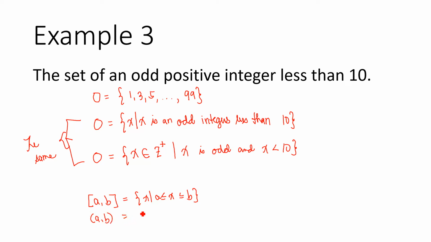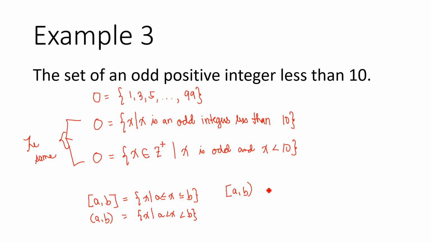And then you could have this one. This means that the elements of this set would be a set of x such that x is greater than a but less than b, which is called an open interval. And then we have a half open interval. You could have this one.